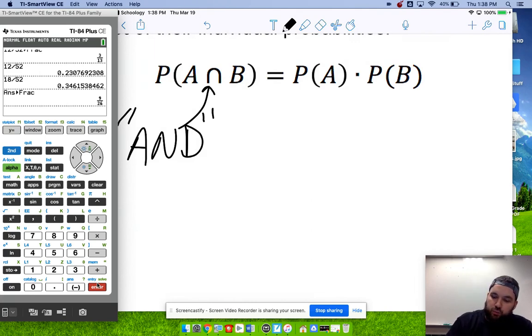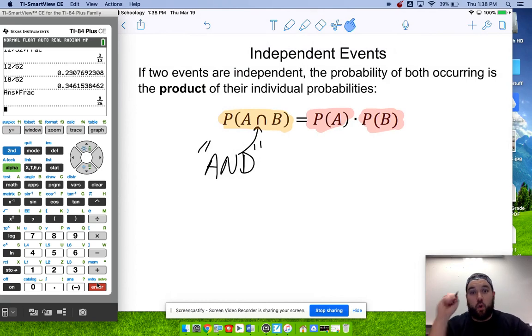So this is saying the probability of A and B occurring is equal to the probability of A times the probability of B. This statement is only true if the events are independent, meaning they don't affect one another.